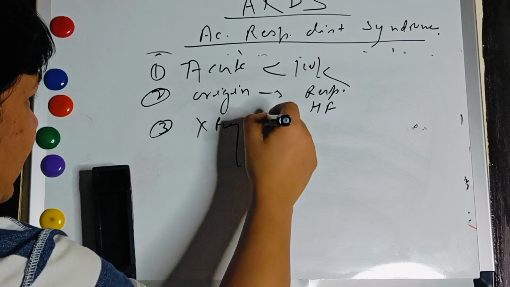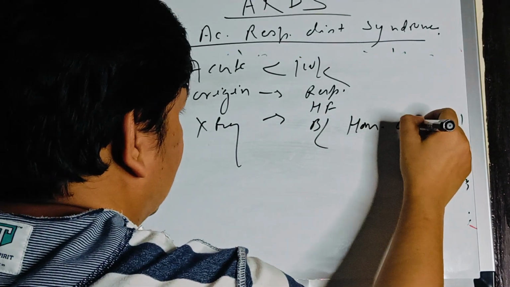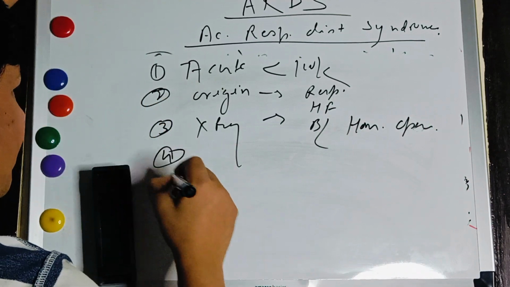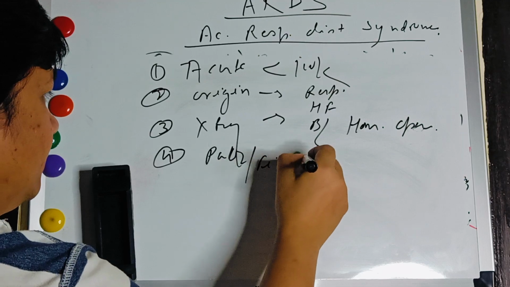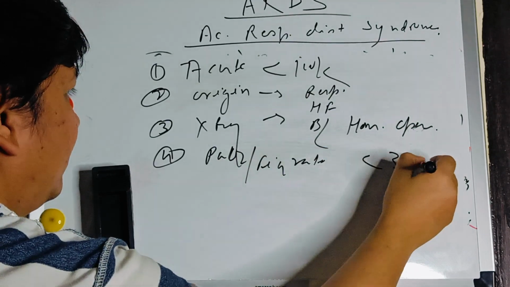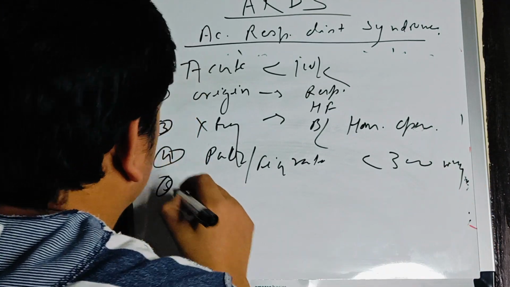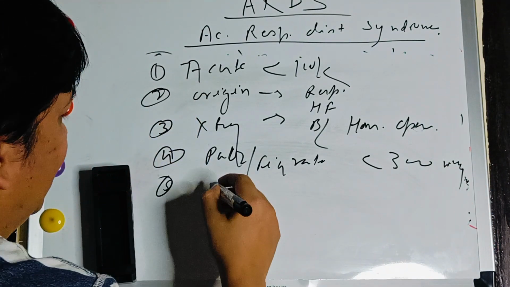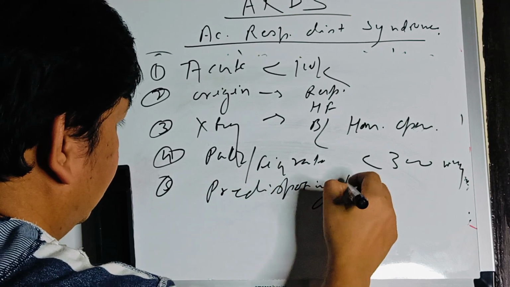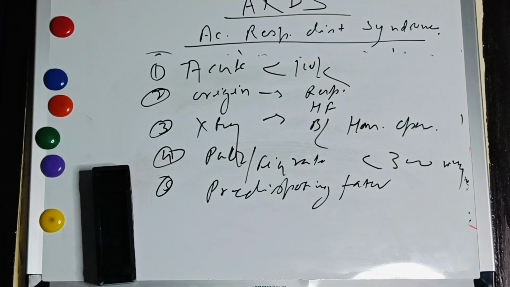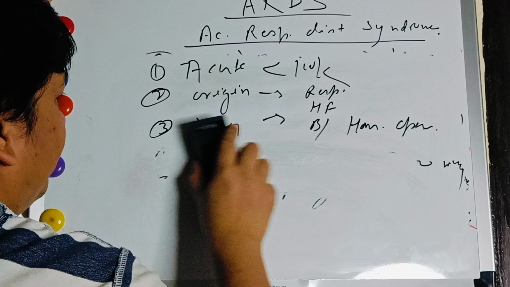Then X-ray, bilateral homogeneous opacities, and PaO2/FiO2 ratio less than 300 mmHg, and the fifth one is the predisposing factor. So these are the 5 criteria to define acute respiratory distress syndrome.